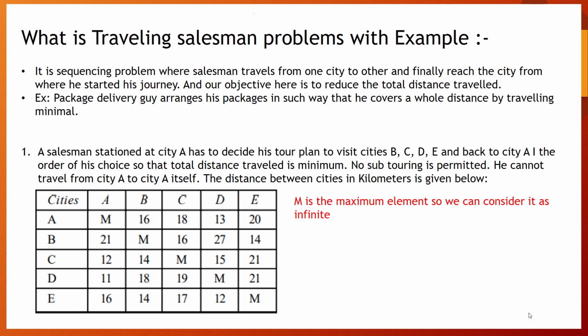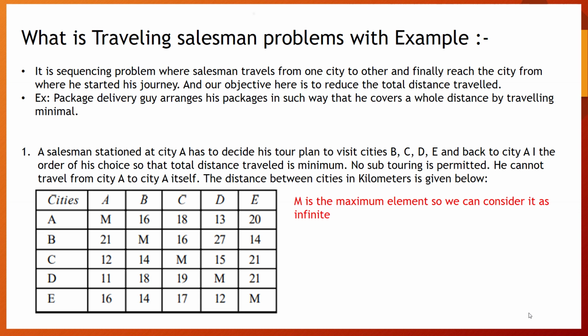A salesman stationed at a city A has to decide his tour plan to visit cities B, C, D, E and back to A. So here is a salesman, he is in city A and he needs to go to the other cities and come back to city A, in an order of his choice, so that the total distance traveled is minimum.